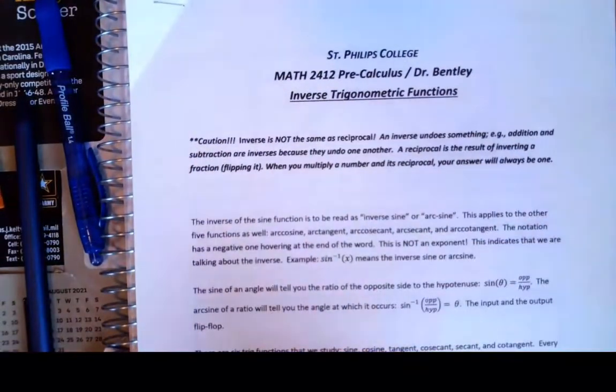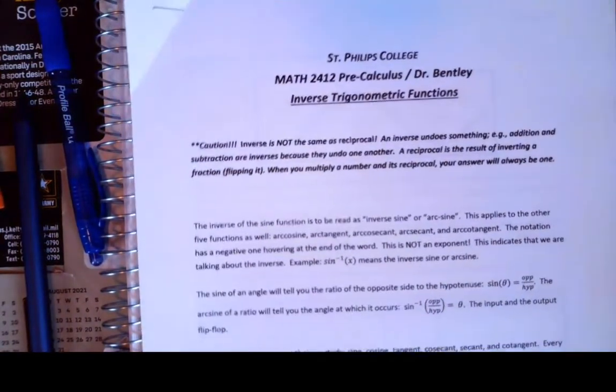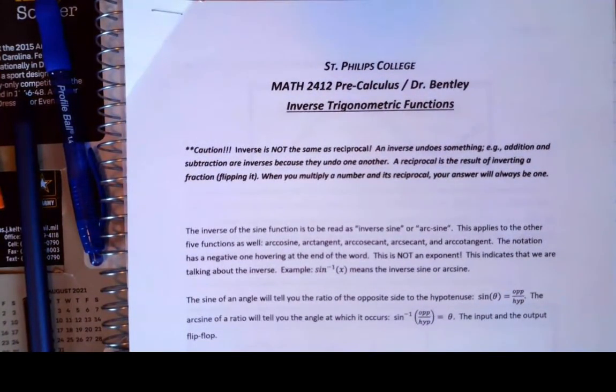So we need to restrict our domains. Look at the notes that I uploaded into Canvas for you, and you'll see this lovely little thing in the corresponding week that we're in, and it says inverse trigonometric functions. First of all, notice that an inverse is not the same as a reciprocal.